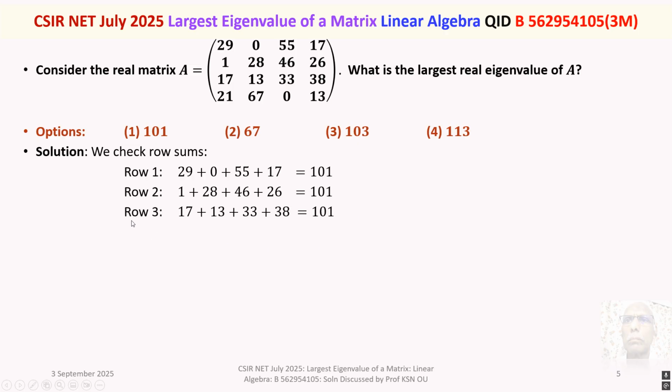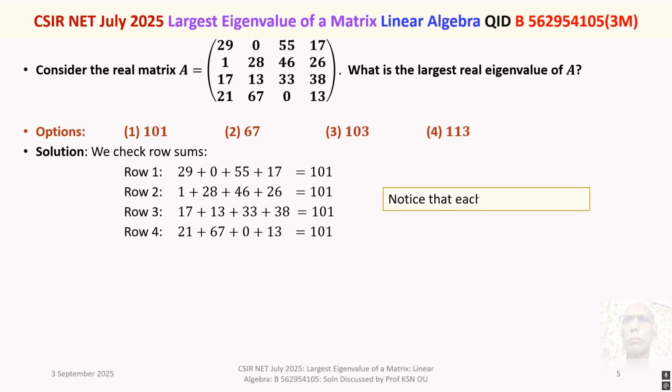Row sum of the third row: 17 plus 13 plus 33 plus 38, that is 101. Row sum of the fourth row: 21 plus 67 plus 0 plus 13, that is equal to 101. What do we observe? We observe that each row sums to 101.